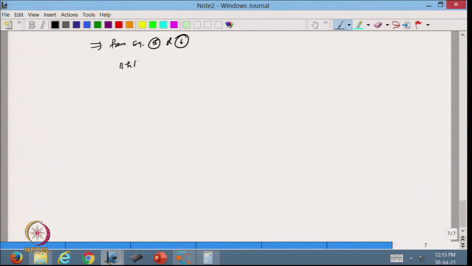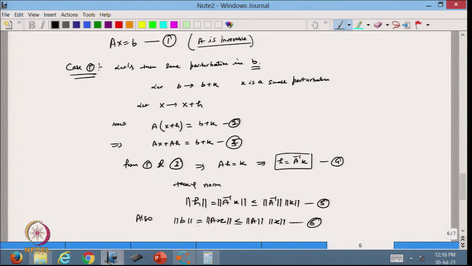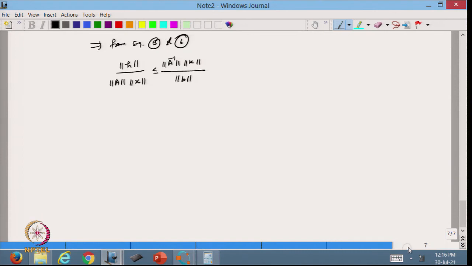So, I can write from here, suppose I divide by this one, I can write norm of A inverse k divided by b, because I am dividing, so this quantity is bigger than b. If I divide by this one, then this sign will be there.